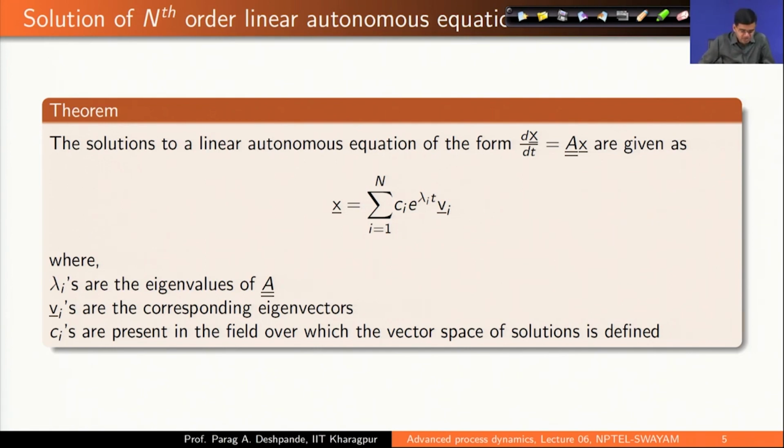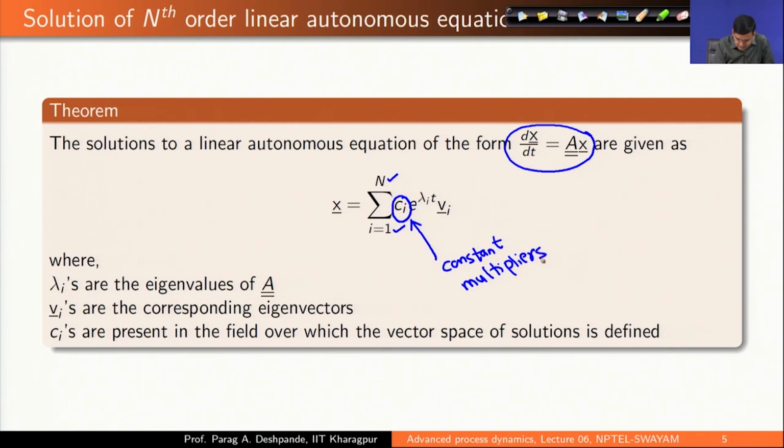The theorem says that the solutions to a linear autonomous equation of the form dx/dt equals a x, in fact, this is the equation which we are currently dealing with, we want to find the solution, is given as summation i goes from 1 to n, where capital N is the number of components in your system, c_i, where c_i are the constant multipliers, constant multiplication factors or multipliers.